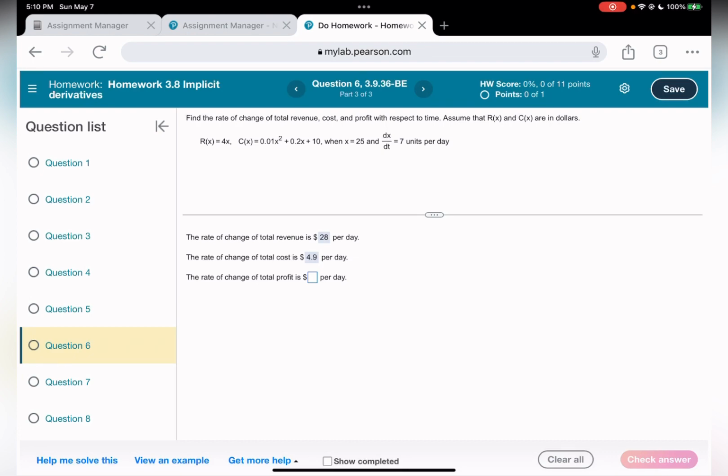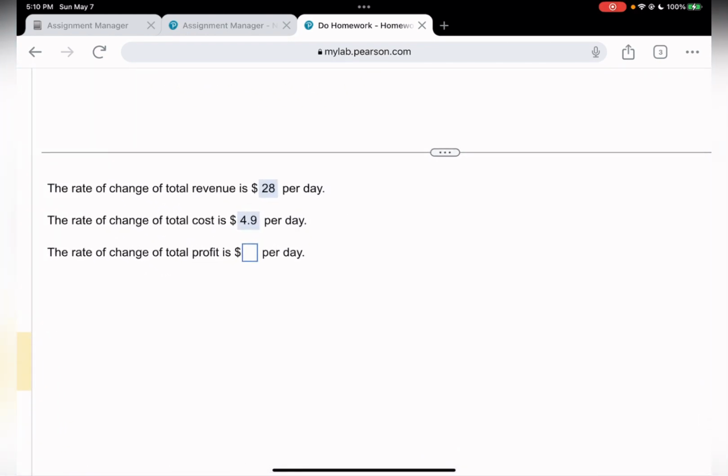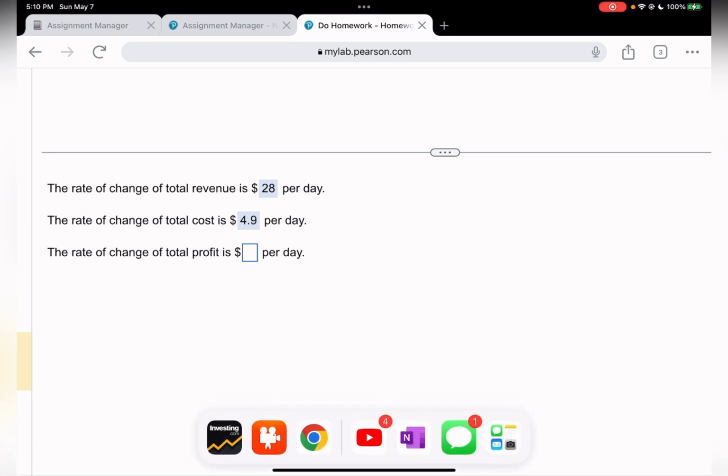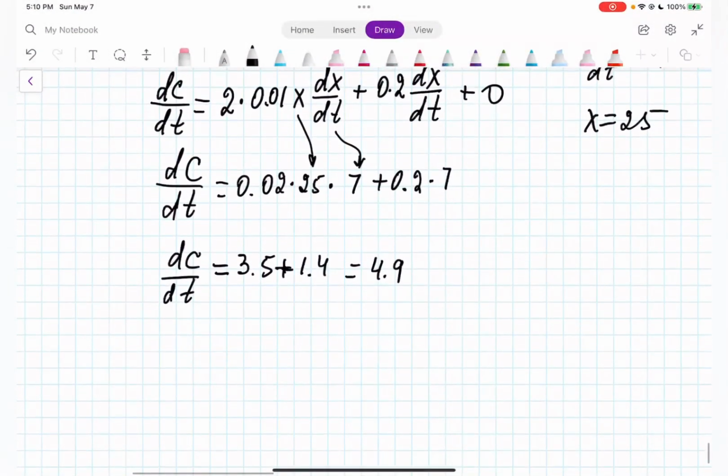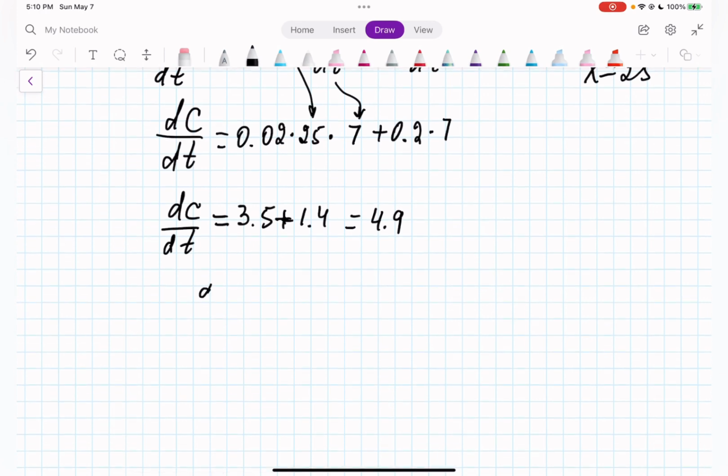Okay, and we have to find the rate of change of total profit. We know that profit is equal to total revenue minus total cost. Accordingly, the rate of change of profit is equal to the rate of change of revenue minus the rate of change of cost.